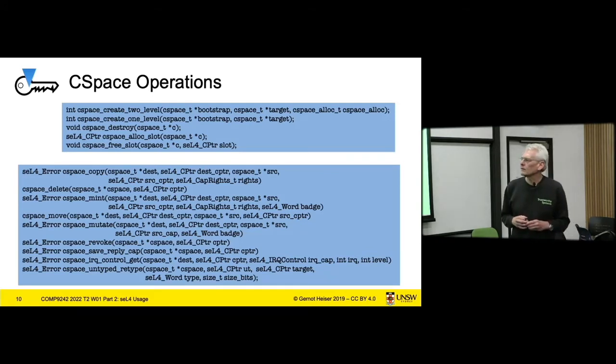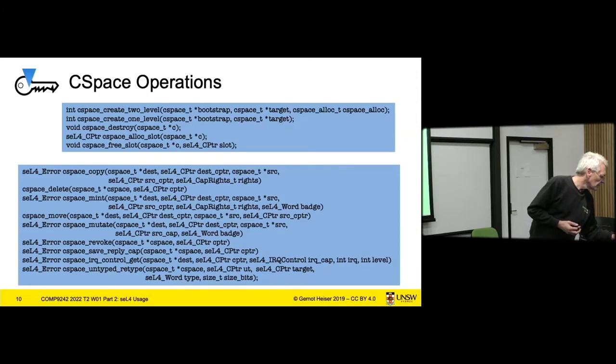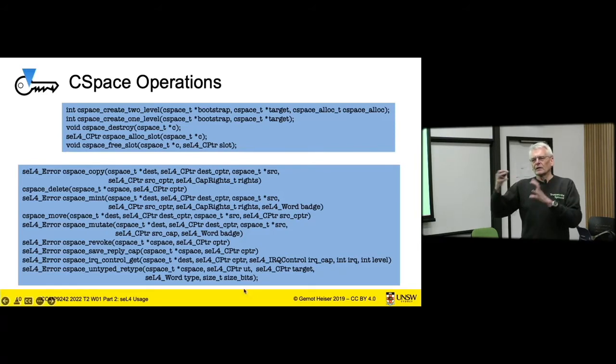So these are the operations that are supported on C-spaces, and so there are operations for building up this hierarchy of C nodes, and operations for allocating and getting rid of slots in there, and then the actual capability manipulation operations: copy and delete and move capabilities, etc.